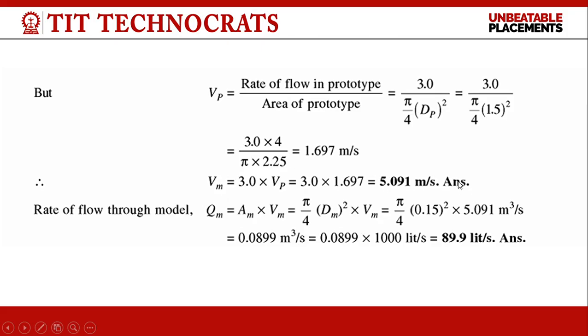Already we got this value from the earlier equation. By solving this, we get 0.0899 meter cube per second. We want to convert it into liter per second, so we multiply again by 1000. By solving this, we got 89.9 liter per second.